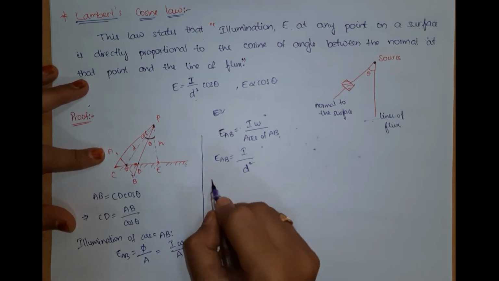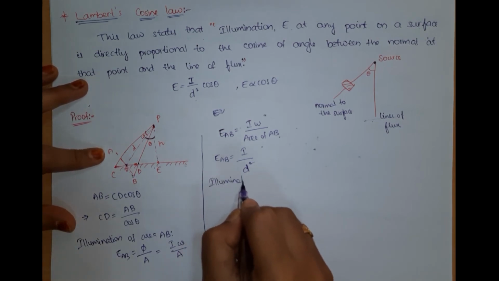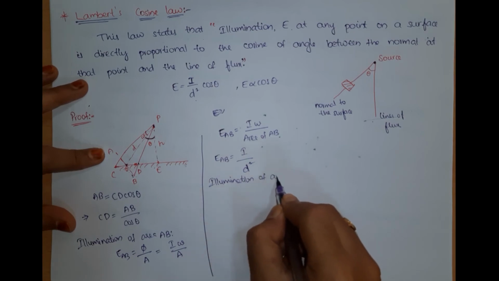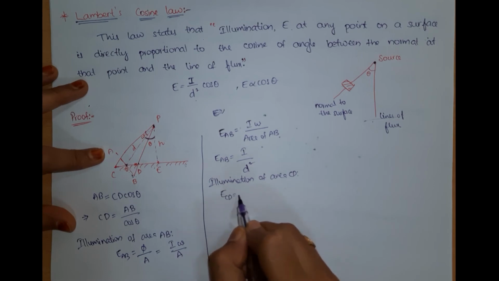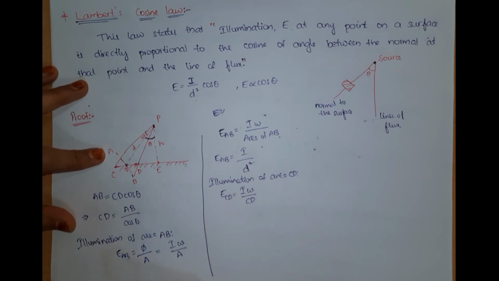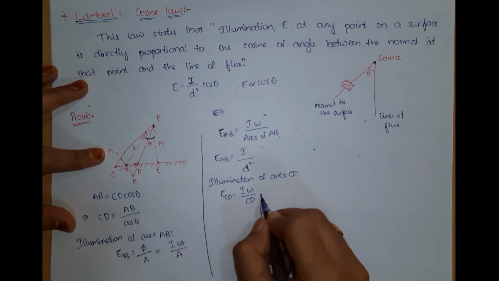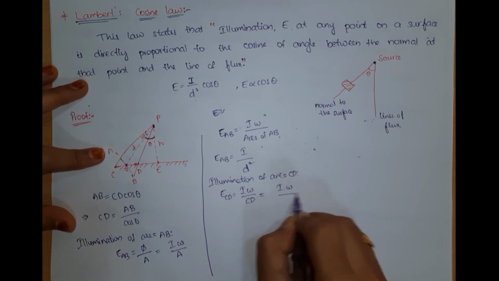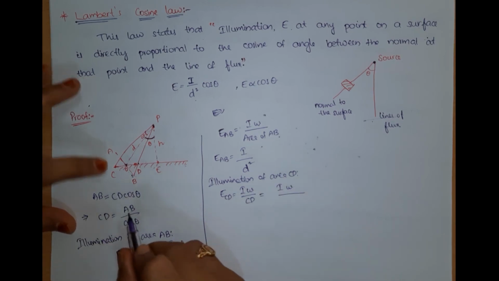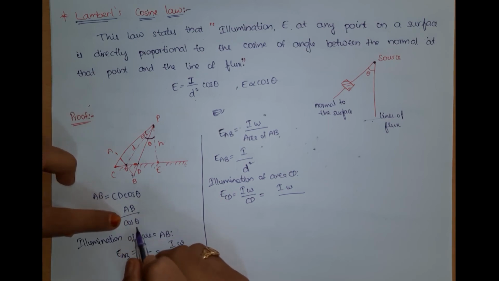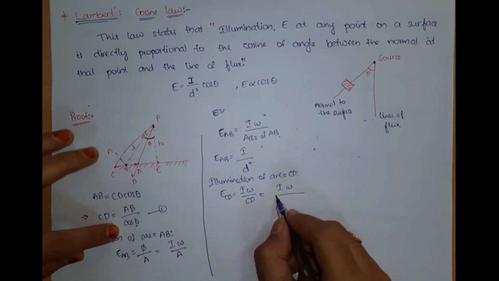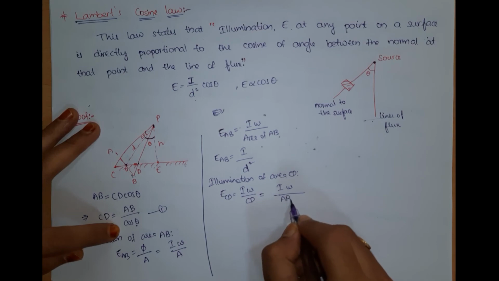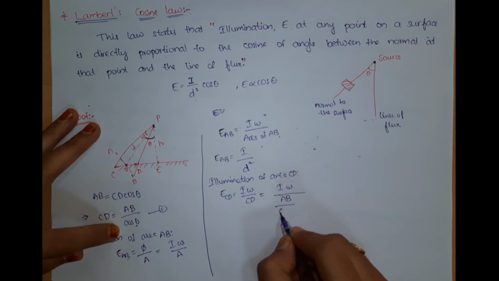Now let us find out the illumination of area CD. Similar to the last case, ECD will be I into omega by CD, right? Where from equation 1 we can write it as I into omega by the area of AB by cos theta. Let me take it as equation 1. So that is nothing but AB by cos theta.